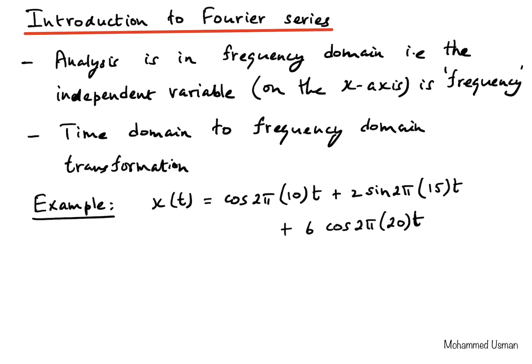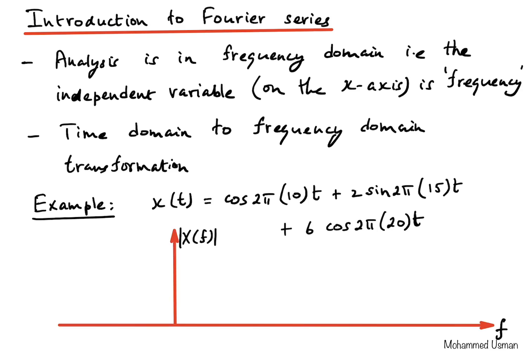What we are going to do is make a graph which will depict the frequency components which are present in the signal and the magnitude of each of the frequency components. When we plot this, our independent variable is the frequency. So on the x-axis here is the frequency variable, and on the y-axis is a function of frequency, and we are interested only in the magnitude, so we take only the magnitude component of that.